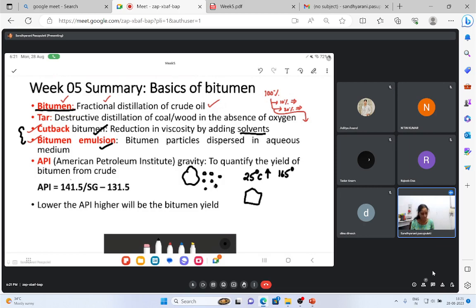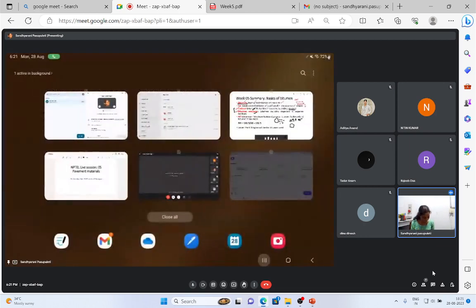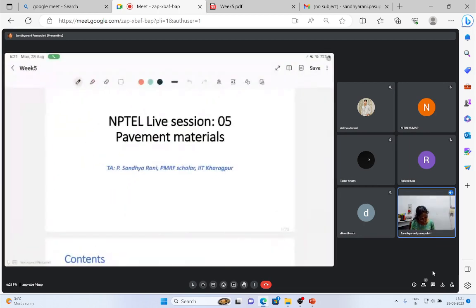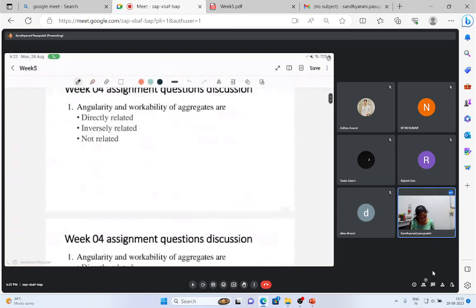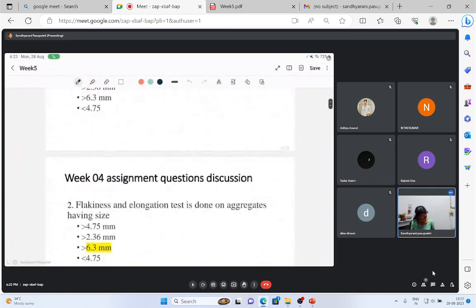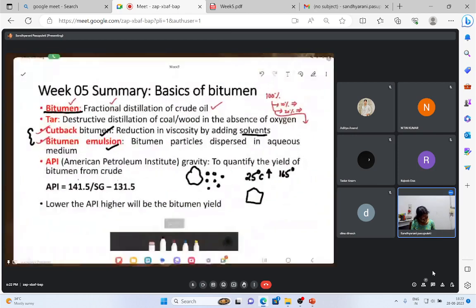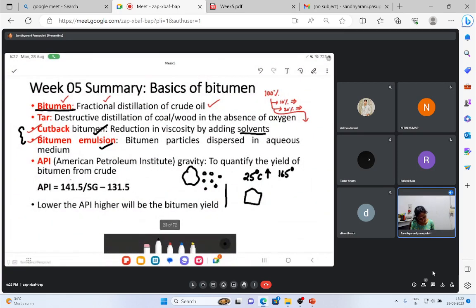That means I am making them suspend. So when I make it suspend, what happens? The viscosity of the bitumen would be reduced. Here also we are not increasing any temperature of the existing bitumen. So cutback and bitumen emulsion are two of the types of existing bitumen.